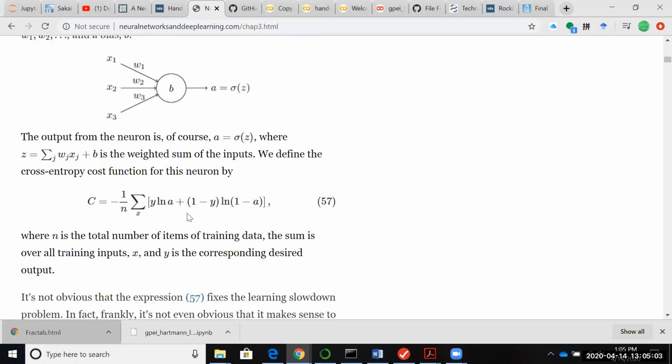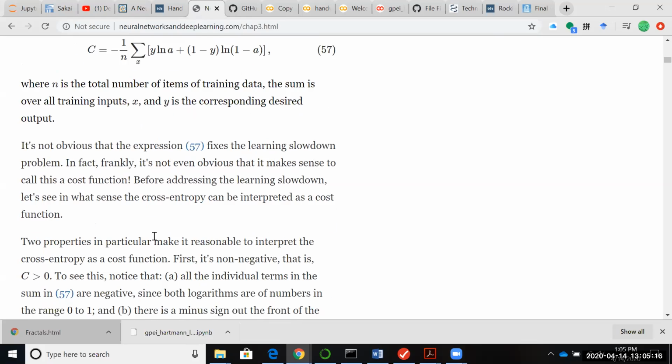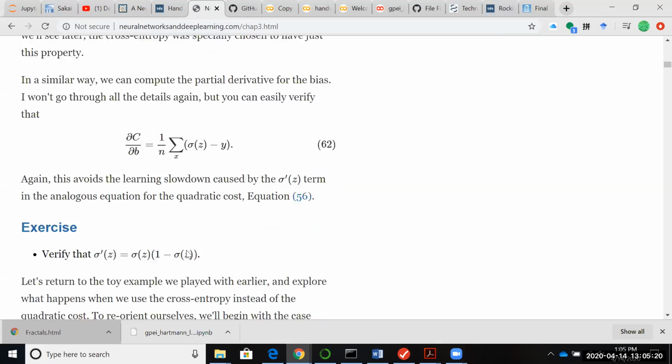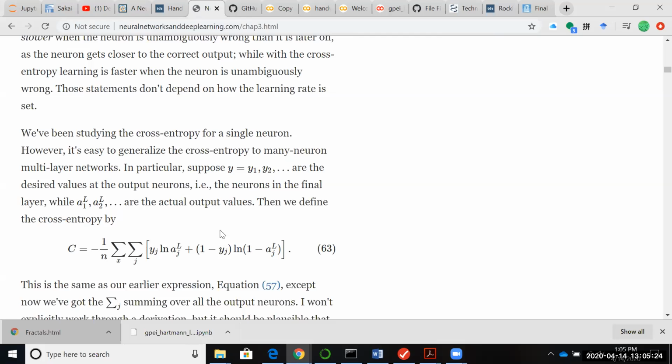So this function has some unique property which makes learning speed up much more efficiently. This is one crucial improvement in calculating the loss function. So that's one concept, the cross entropy loss function.